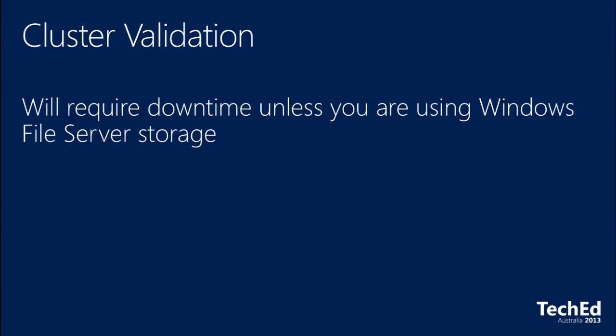So if your storage is directly attached to your Hyper-V cluster, doing a full validation, that's a problem. Because if I'm trying to do this with zero downtime, so some observations here. The first one is, hey, let me pitch scale-out file server. Because if you're doing scale-out file server on the back end, you can upgrade your compute cluster and fully validate it, and it doesn't take the storage down.